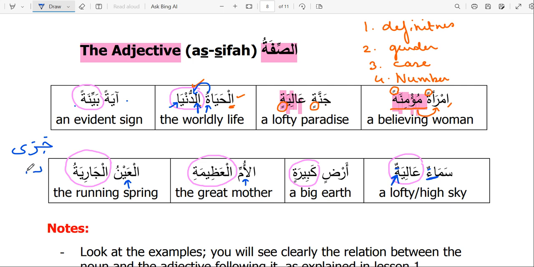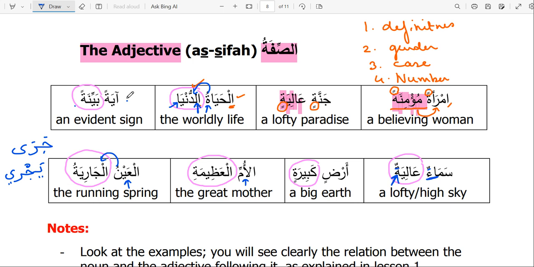Yajri means he walks fast, or he's slightly running. And from this verb jara comes jariya. This is moving or running. So ainun jariya, here the meaning is the water spring, the running spring, the water flowing continuously. Ainul jariya. So these are the examples of adjectives in feminine.